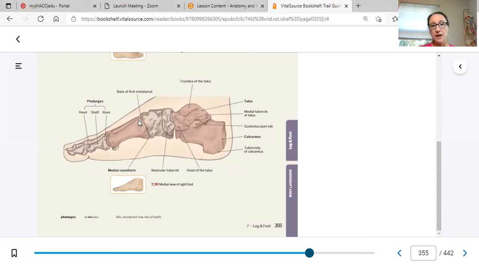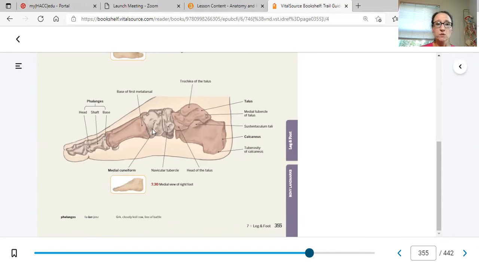In this case, the base of the metatarsal is closest to the tarsals. We are going to have some muscular attachment on the base of the first metatarsal. Okay, so that's a landmark you do need to know.